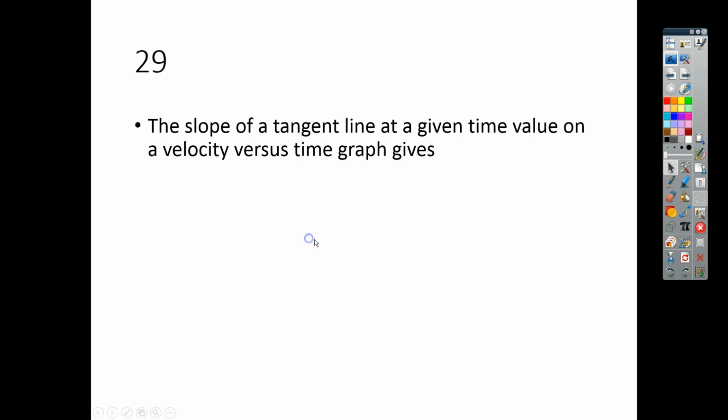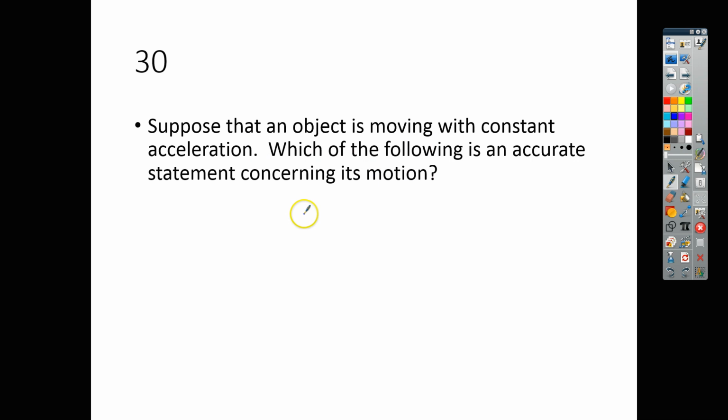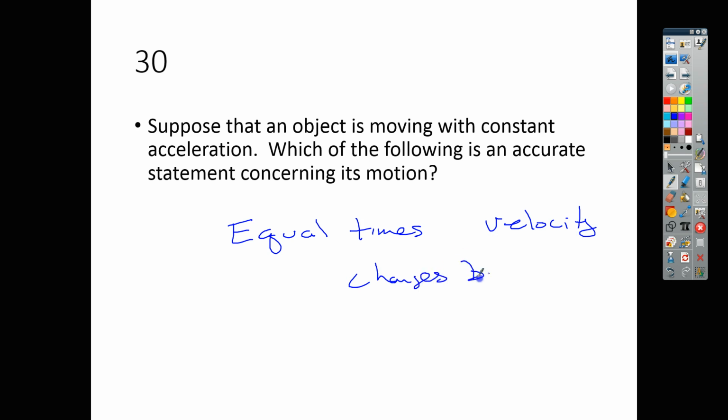And then finally, number 30 says, suppose an object is moving with constant acceleration. Which of the following is an accurate statement of its motion? And the only one here is in equal times, so it's letter B, in equal times your velocity changes by equal amounts.